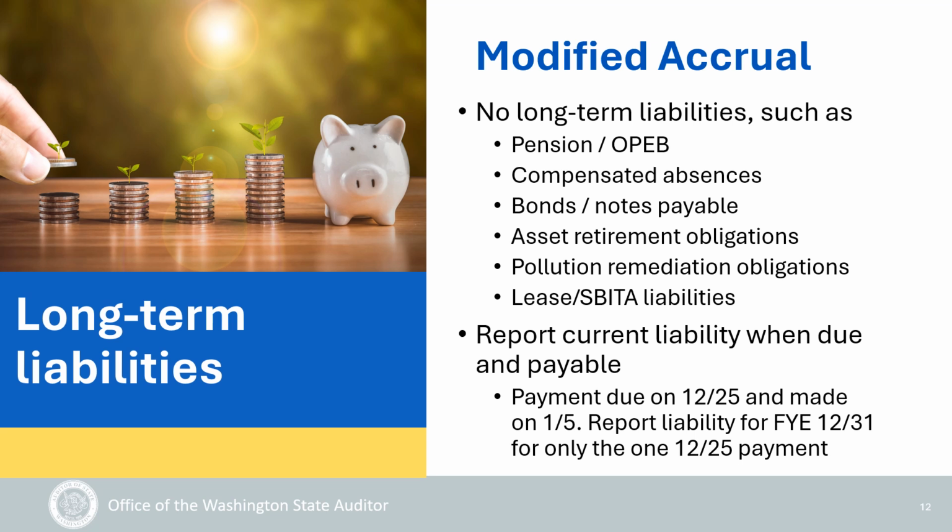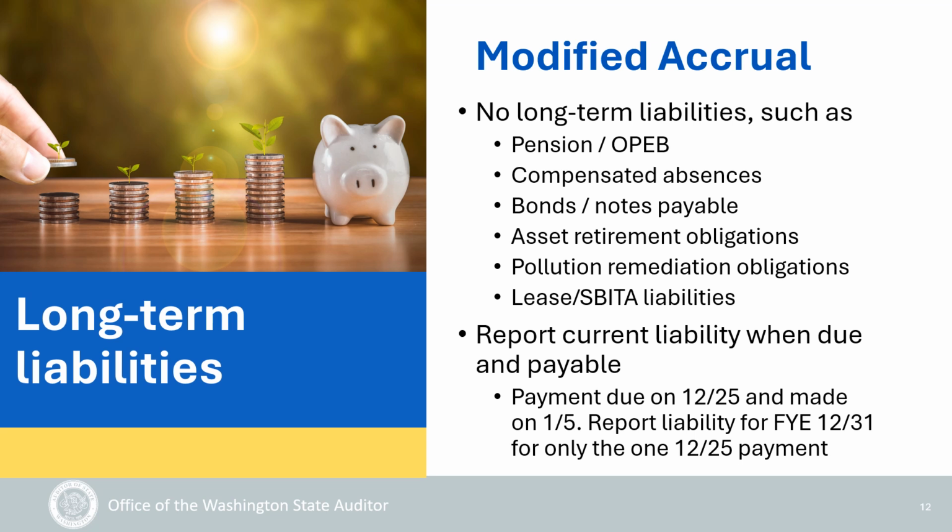For example, let's say a government with a calendar year end has a $50 million bond. They have a $100,000 payment due on December 25th, but they don't make that payment until January 5th of the next year. They would report a liability on their financial statements for fiscal year end 12/31 of $100,000 in their modified accrual accounting.